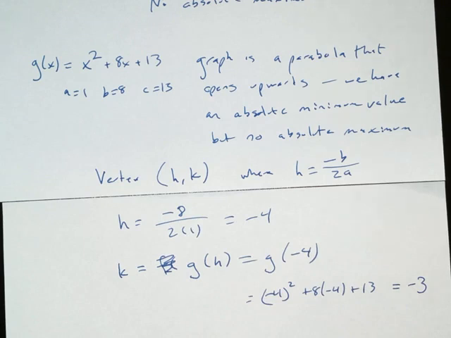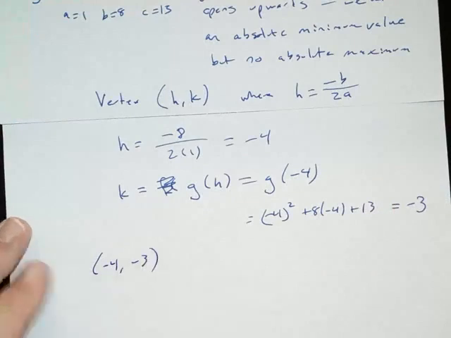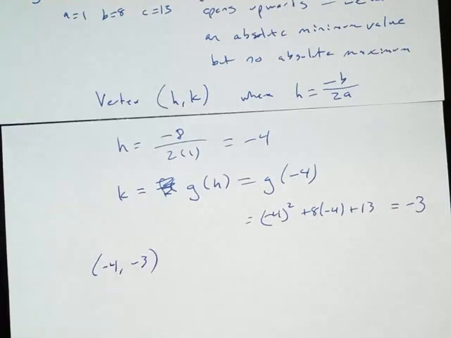So the vertex for this particular parabola is at negative 4, negative 3. My minimum value is negative 3. It occurs at x equals negative 4.